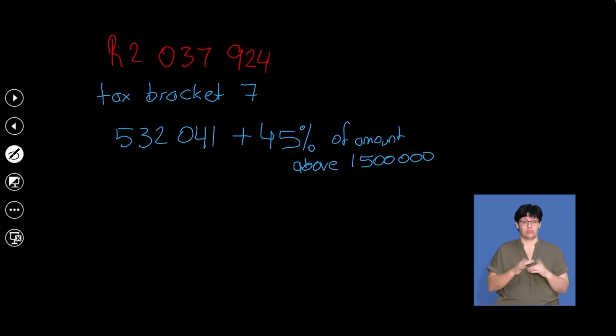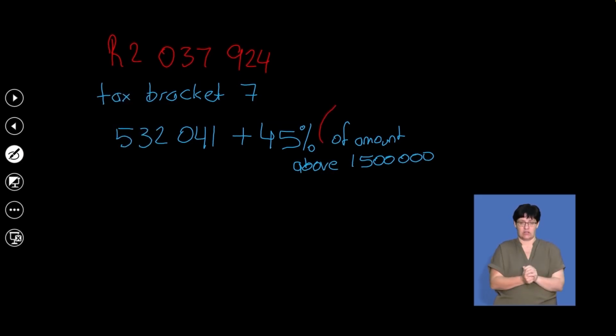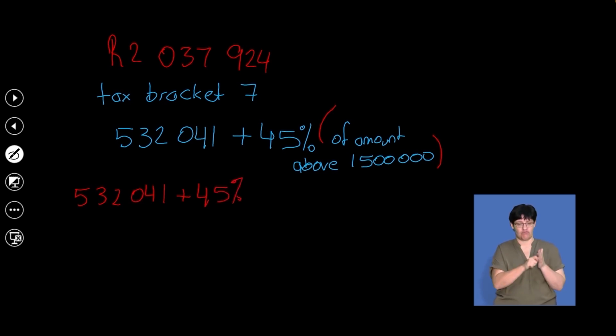So once I've written that in, now it's easy for me to actually do the calculations. So first thing I need to do is I'm going to change my colors and point out I need to work out how much he earned above 1.5 million. So if you're using a scientific calculator, we can do this in one step. Okay, so I've just written out the first part.